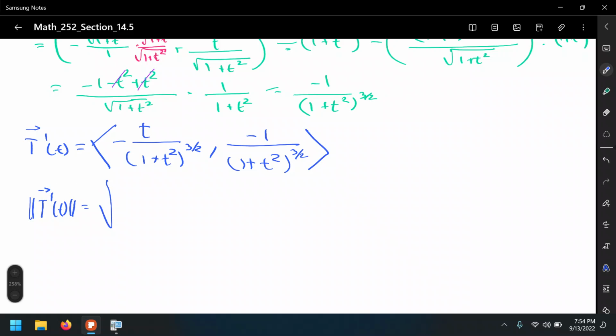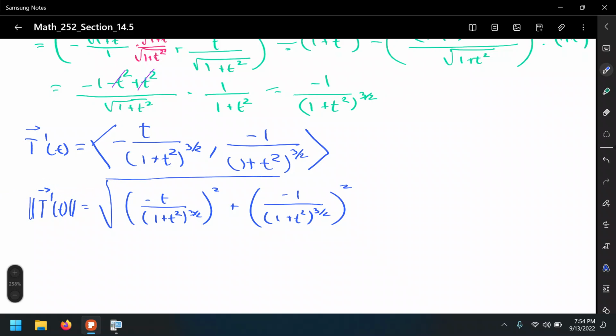That's the square root of negative t over (1 plus t squared) to the 3 halves, quantity squared, plus negative 1 over (1 plus t squared) to the 3 halves, squared. Okay, so number 1, negative t quantity squared becomes t squared, and 3 halves raised to the second power becomes a 3 only, right?